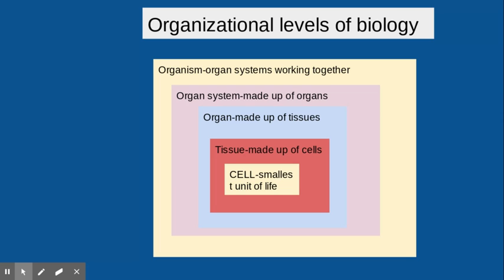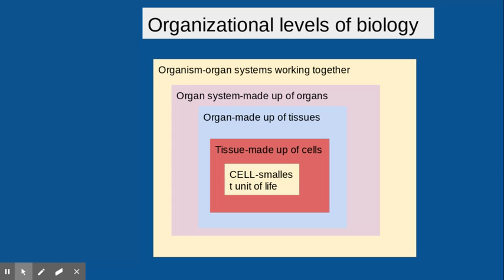All right, so we've also discussed the organizational levels of biology. We have cells. They're the smallest unit of life. Organisms, there are one-celled organisms like bacteria. But when you look at more complex organisms, they're going to have these levels.